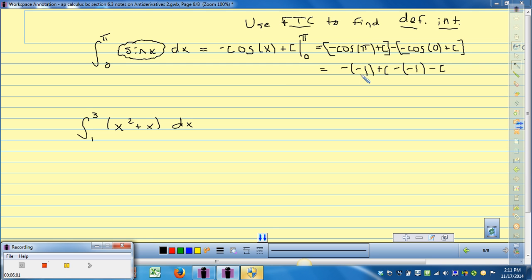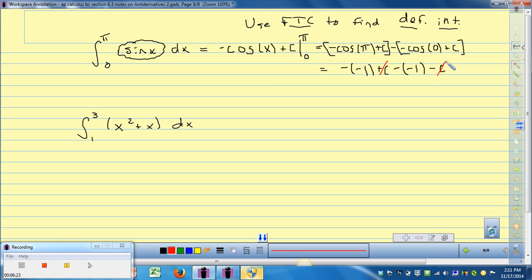Well, cosine of pi is negative 1, so we have the negative of negative 1 plus c minus negative cosine of 0 is negative 1, and we distribute the minus through the entire second term. So we end up with minus c. Please notice that our constants cancel.